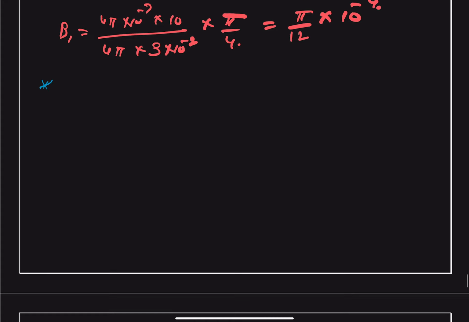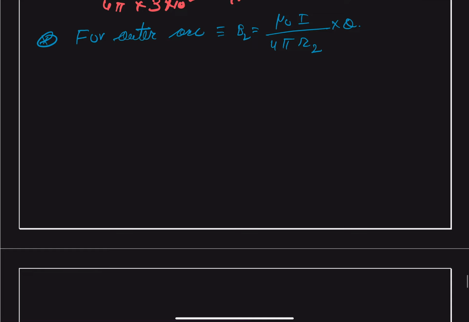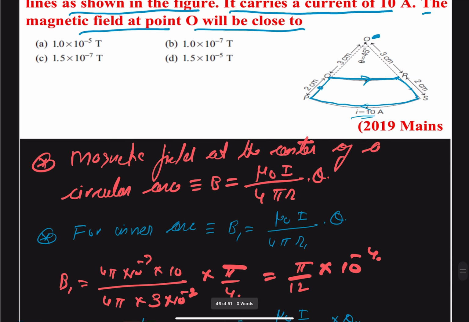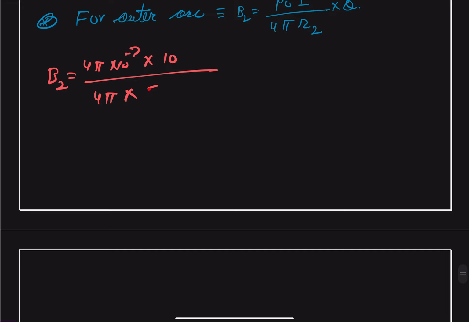Similarly, we can write for the outer arc. For outer arc, we can write our B2 will be equal to mu naught I upon 4 pi r2 into theta, and we substitute the value, we get B2 is 4 pi into 10 to the power minus 7, current is given as 10, this is 4 pi, radius will be now 3 plus 2, that is 5, 5 into 10 to the power minus 2, and this is pi by 4.